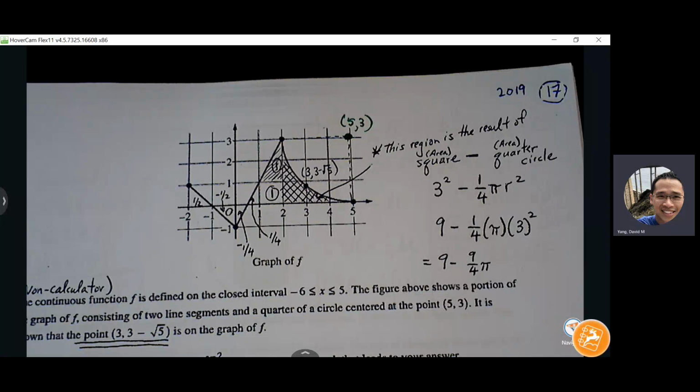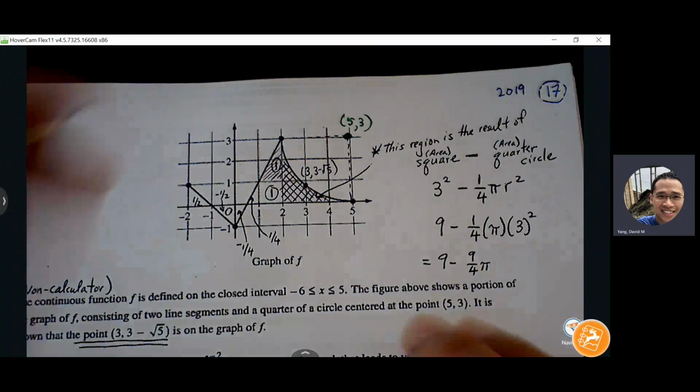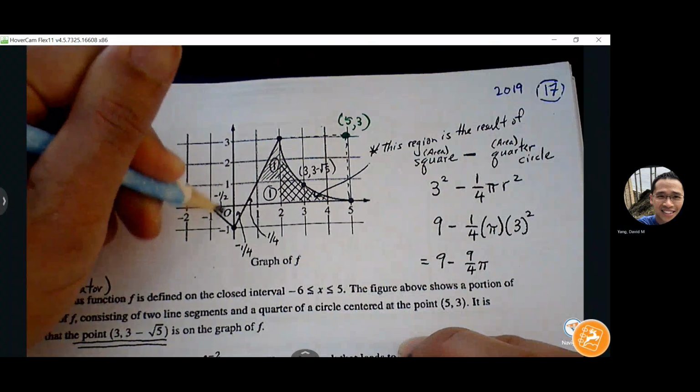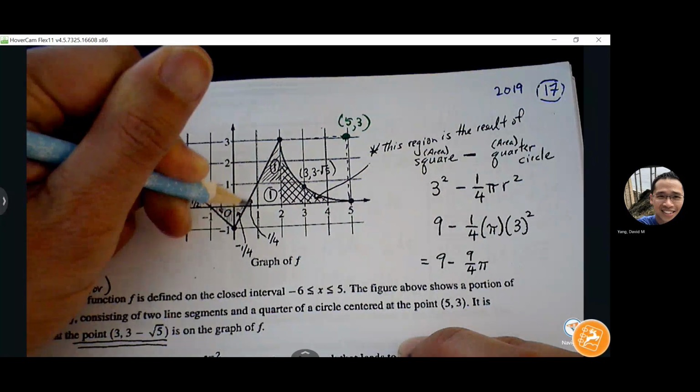We got a triangle here, 1/2 base times height, 1/2 base times height, 1/2 base times height. Now, you may see some other shapes here, but just keep reminding yourself that the only area that you care about is what's between the graph and the x-axis. If you see shapes elsewhere, it's not part of our discussion. So make sure that you're only looking at what's between the graph and the x-axis.